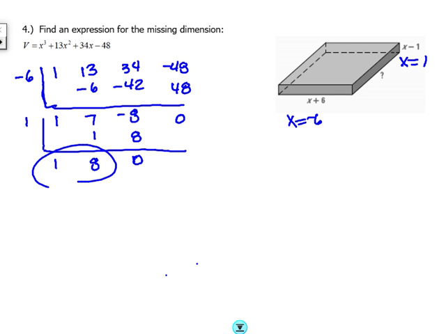All right, so this is going to be my remaining factor. What's the degree of this? This had a degree of 3. We took an x out, so this has a degree of 2. Took another x out, so this has a degree of 1. So that remaining factor is going to be x plus 8. That's my unknown factor there.